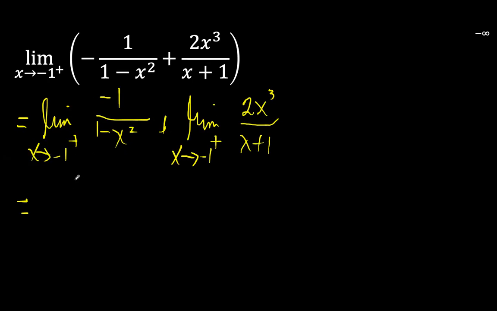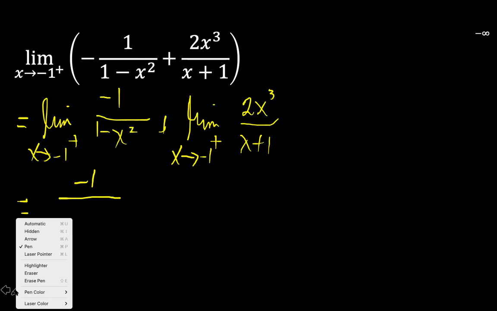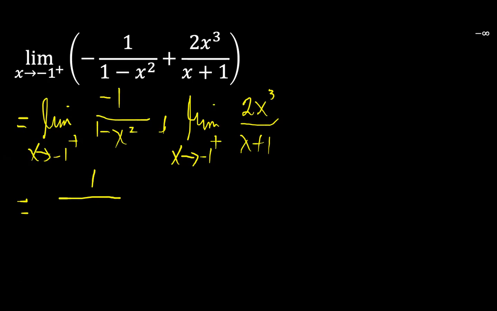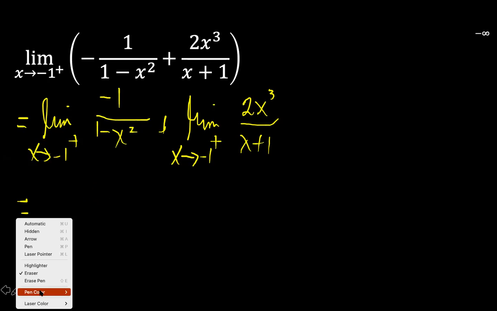The limit of negative 1 is negative 1, of course, because the limit of a constant is always the constant. And here, let's factorize the denominator first, before we take the limit, so we can easily identify the one-sided limits.